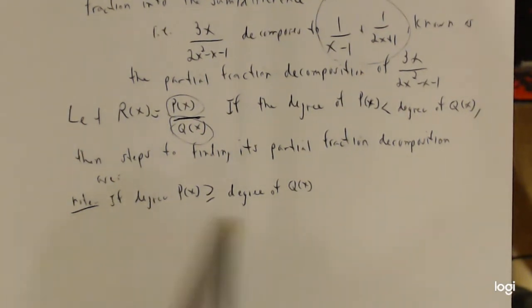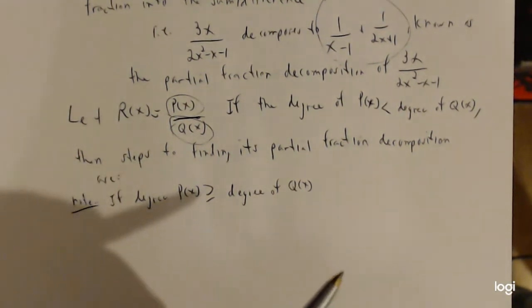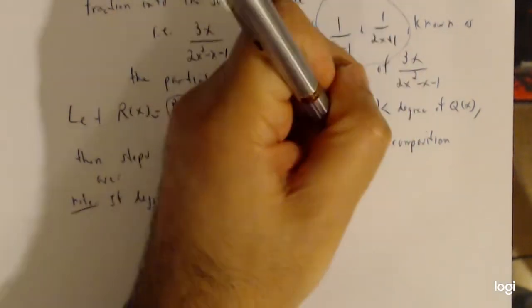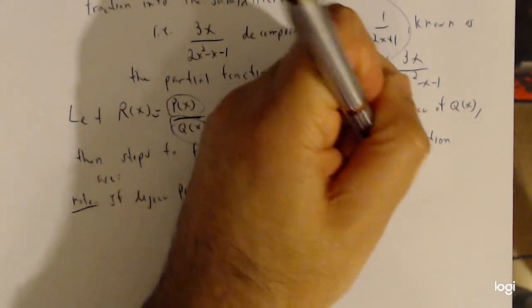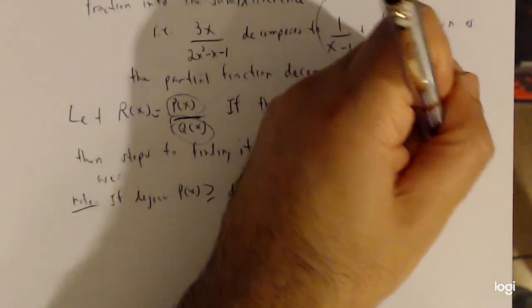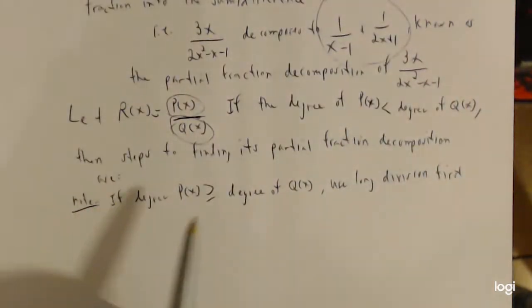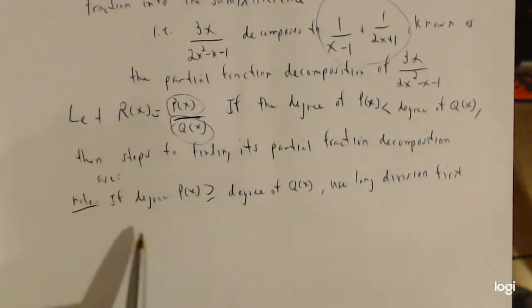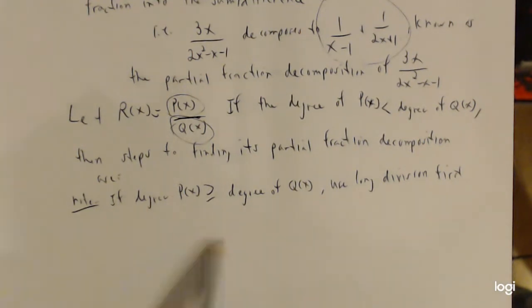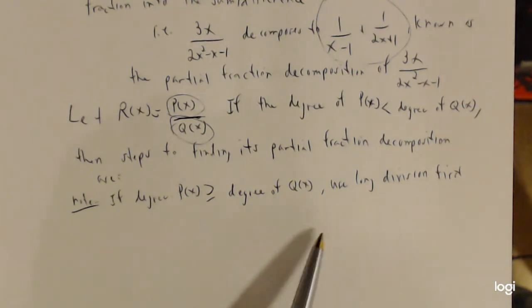We need to do something first. What we'll do is use long division first. When we use long division, we'll get a whole number variable expression, and then we'll have a remainder.